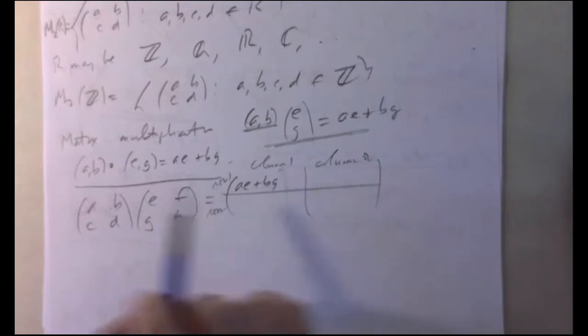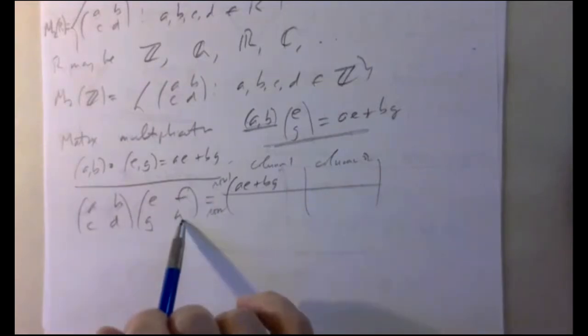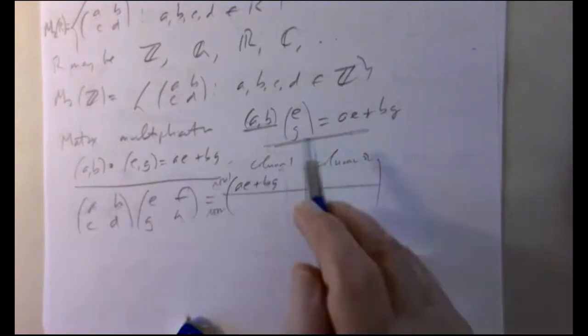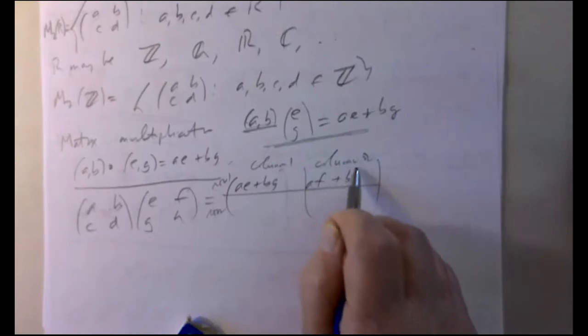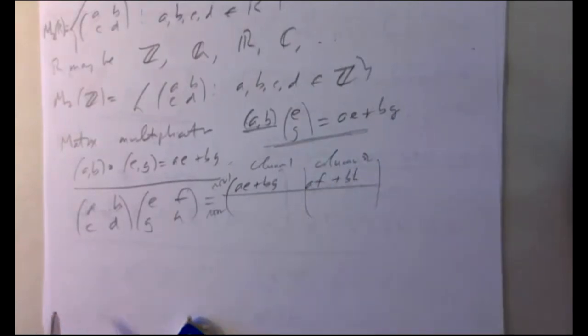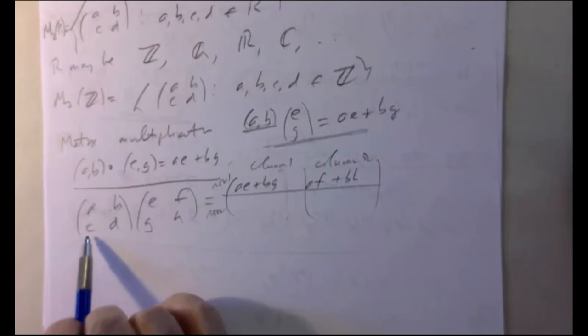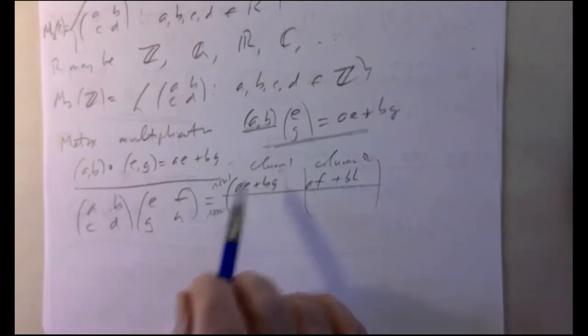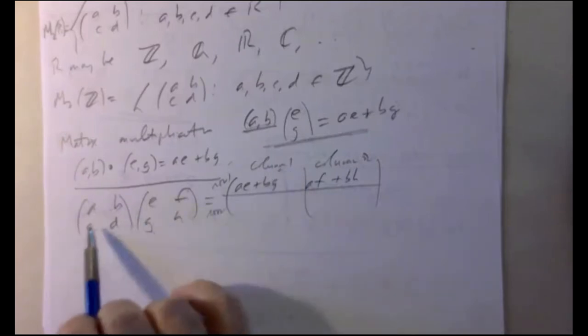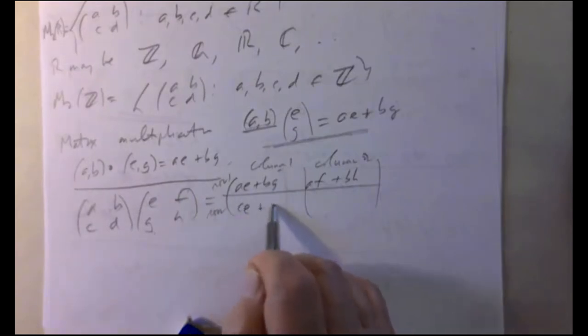For row 1, column 2, I take the first row times the second column, AF plus BH. Second row, first column, second row times first column, CE plus DG.